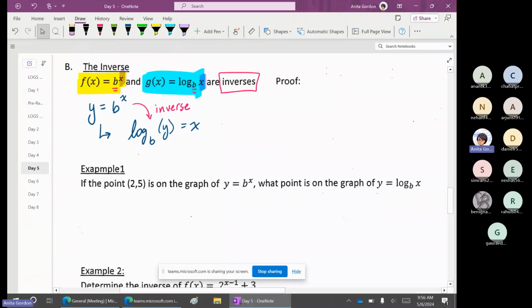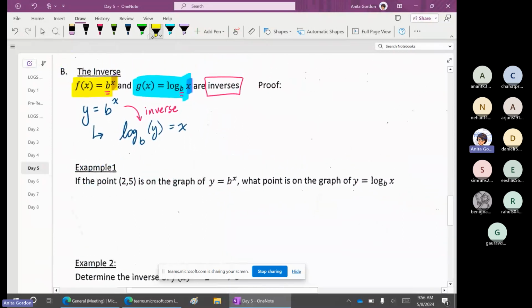If the point (2, 5) is on the graph of y equals b to the x, what point is on the graph of log base b of x? Now, by inspection, we can see that these are inverses of each other, right?